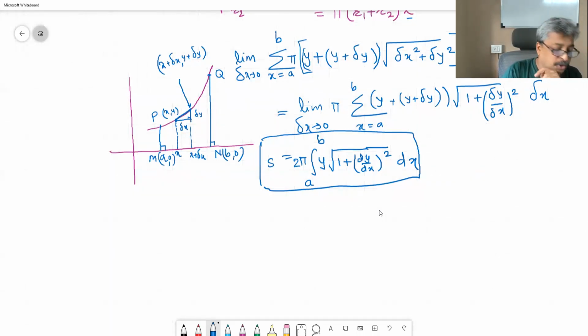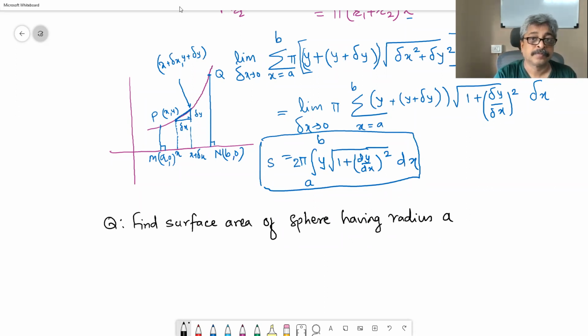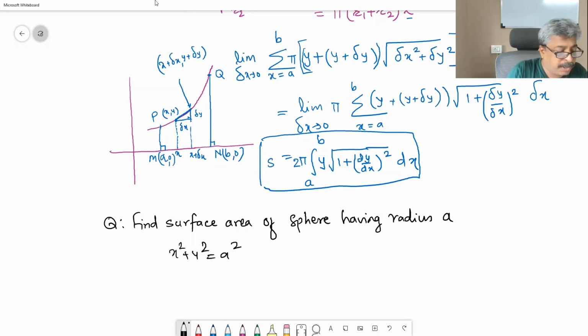Find the surface area of a sphere having radius a. x square plus y square is equal to a square is the equation of the curve that you are supposed to consider, the upper part.